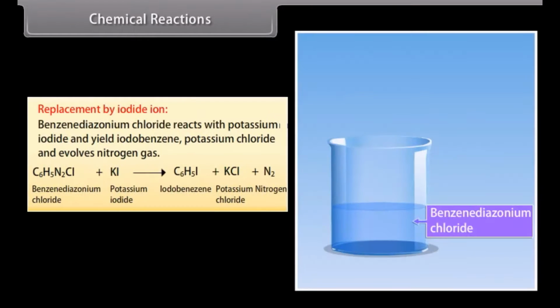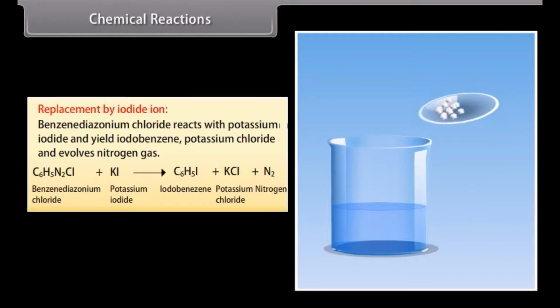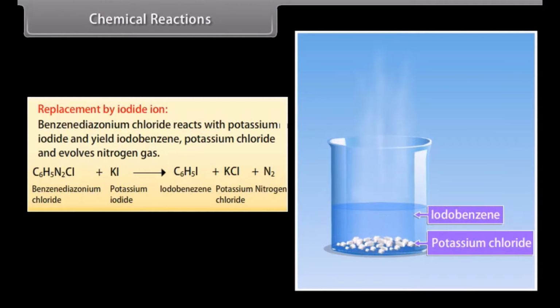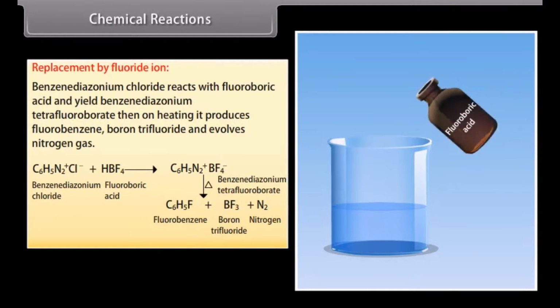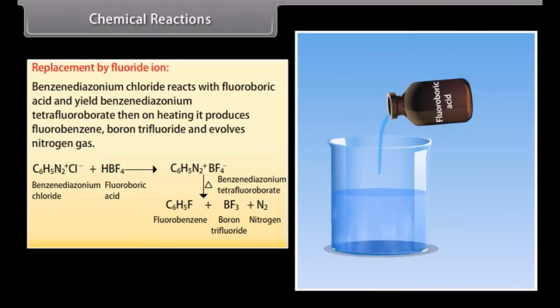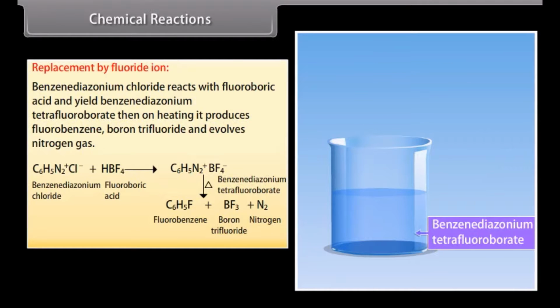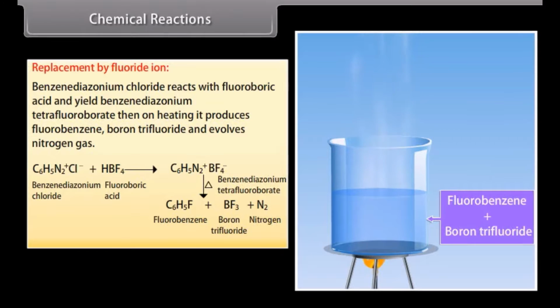Replacement by iodide ion. Benzene diazonium chloride reacts with potassium iodide and yields iodobenzene, potassium chloride and nitrogen gas. Replacement by fluoride ion. Benzene diazonium chloride reacts with fluoroboric acid and yields benzene diazonium tetrafluoroborate, then on heating it produces fluorobenzene, boron trifluoride and nitrogen gas.